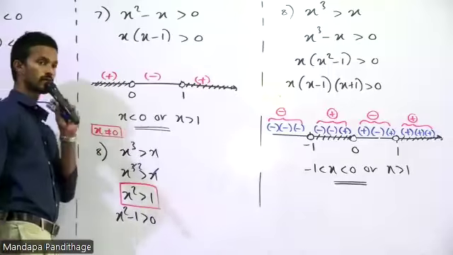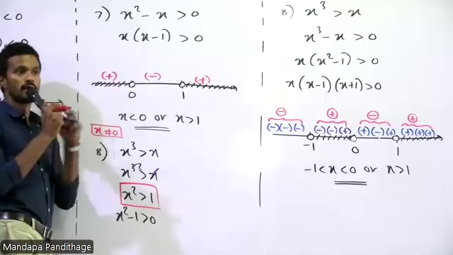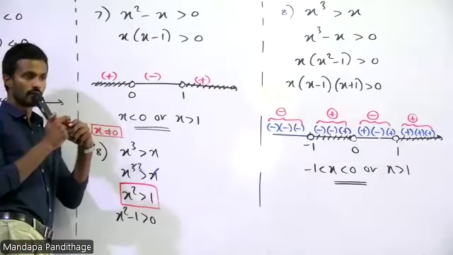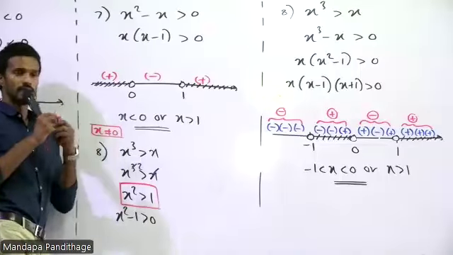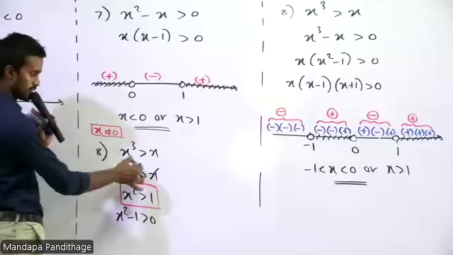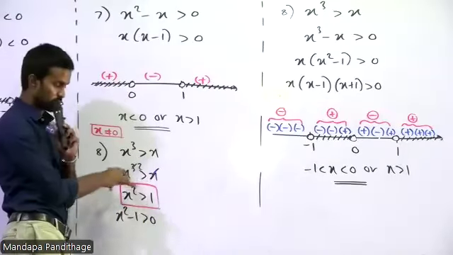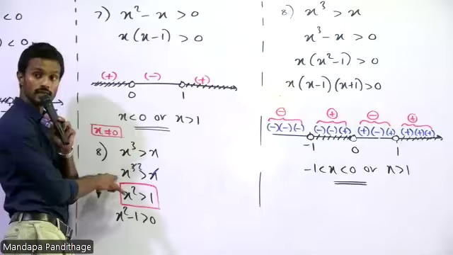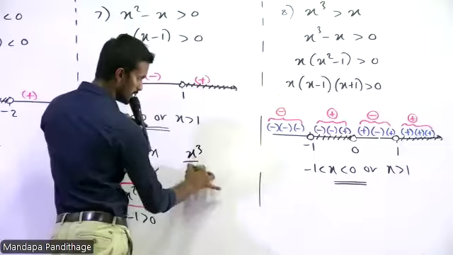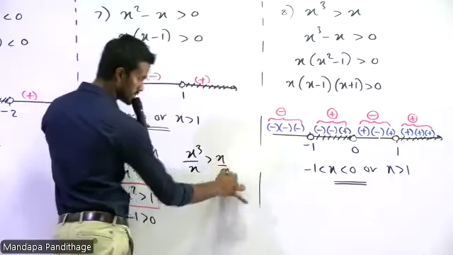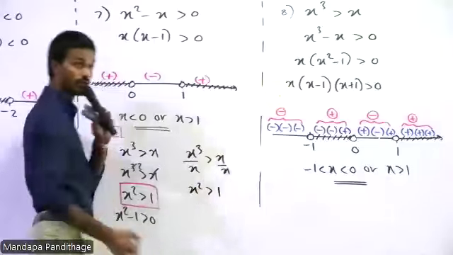Okay, now try to figure out the error here. Yeah. So the other error here, what we do by this cancelling, there's nothing in maths called cutting or cancelling. So what is the mathematical operation here? It's division. So what I do here is I divide both sides by x, and I get that x squared is greater than 1.